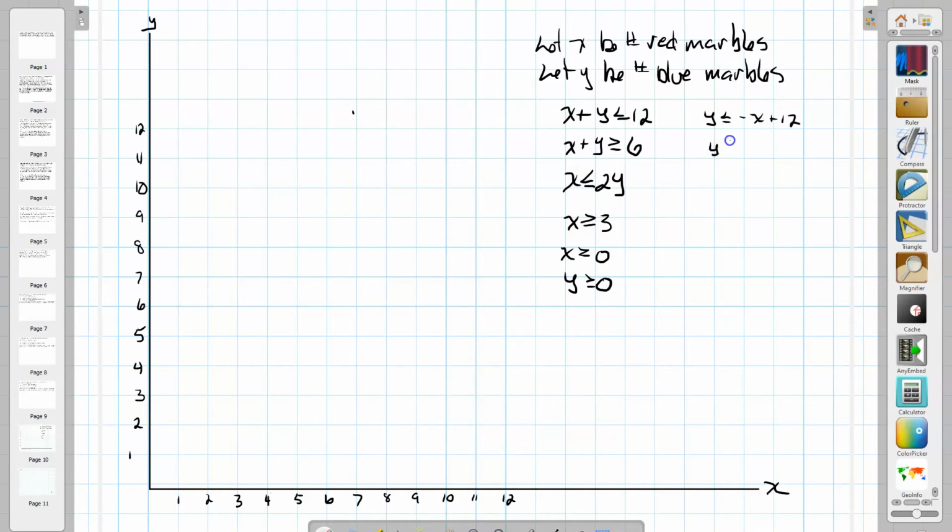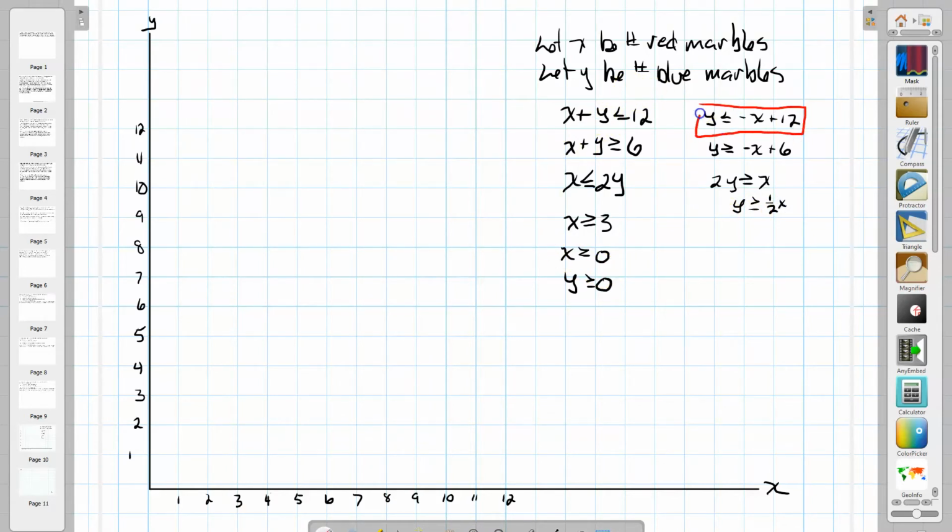We end up with y greater than or equal to negative x plus 6. And finally, x less than or equal to 2y, we change around to be 2y greater than or equal to x. So y is greater than or equal to 1/2 x. Now we can start graphing.